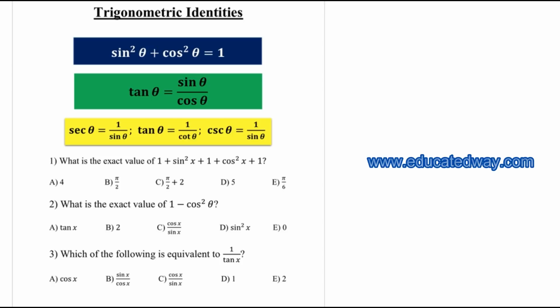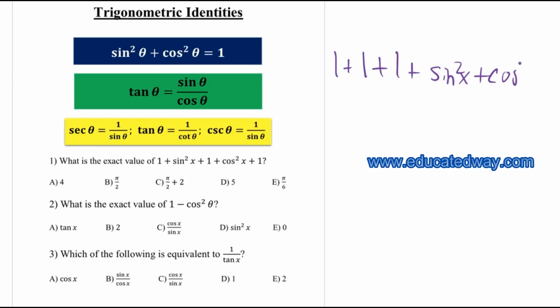Let's go to number 1. What is the exact value of 1 plus sine squared x plus 1 plus cosine squared x plus 1? Let's group this in a different order. Remember the commutative property of addition? Yes, you do. Let's do it. That's going to be 1 plus 1 plus 1 plus sine squared x plus cosine squared x.